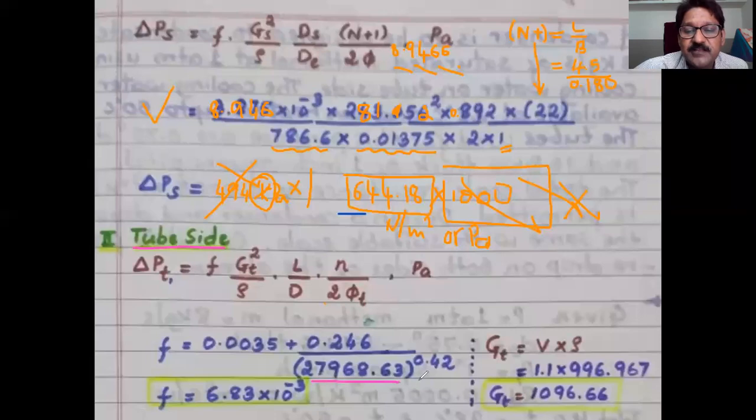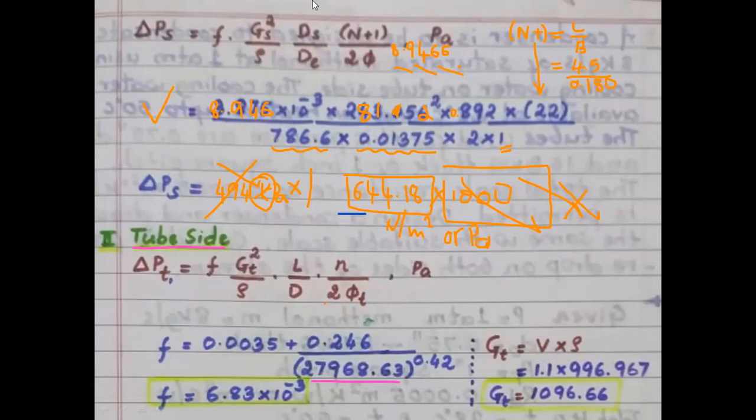What is the NRE of tube side? Is this calculation right? NRE of tube side is 24121.